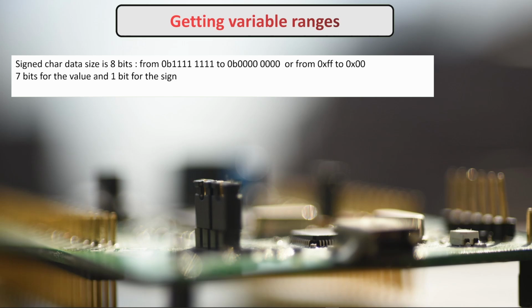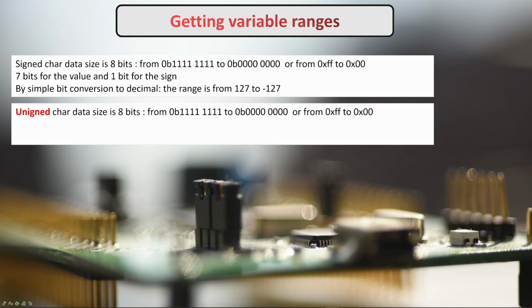And when we make it signed, so if we don't put unsigned on the data, we have 7 bits to describe the value and 1 bit to describe the sign. If we convert it to decimal, we will see the value ranging from 127 to minus 127, and each time it exceeds, it just goes back to the other side.